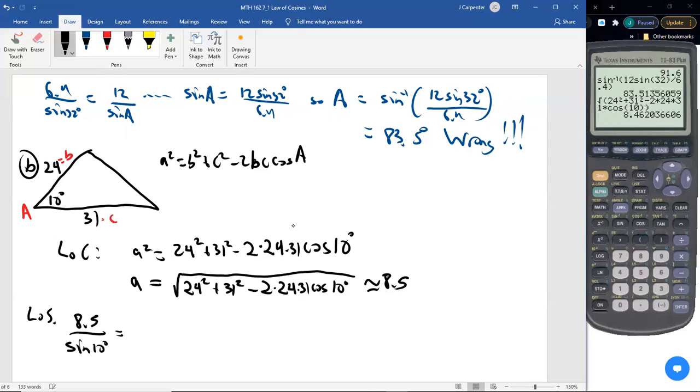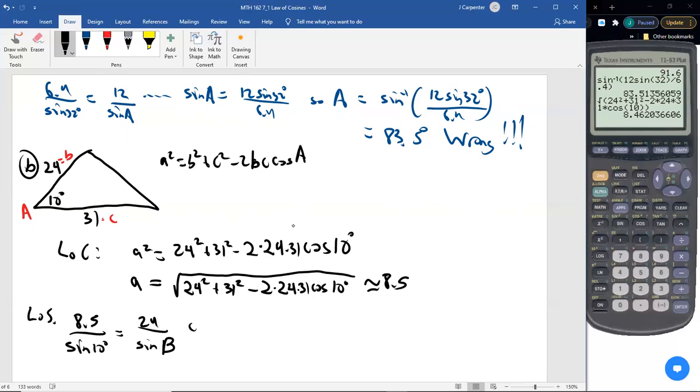I have to use the 24 over the sine of angle B. Again, you absolutely should not be using the 31 over sine of C because that angle could be incorrect if it happens to be bigger than 90, which we don't know yet.